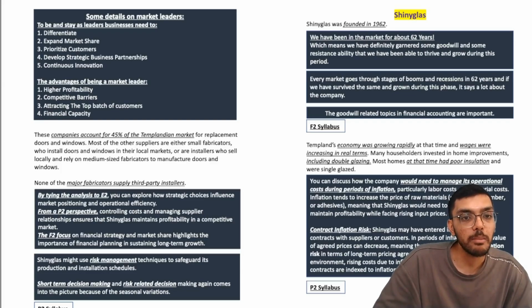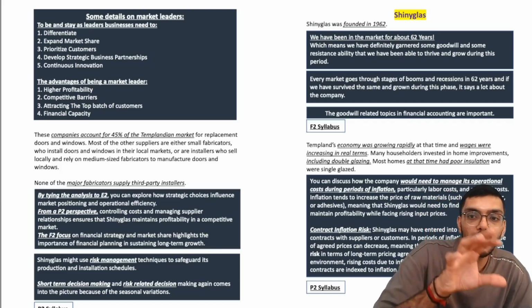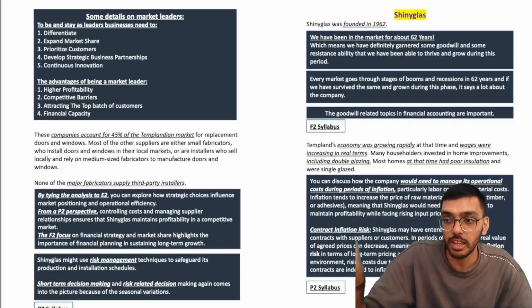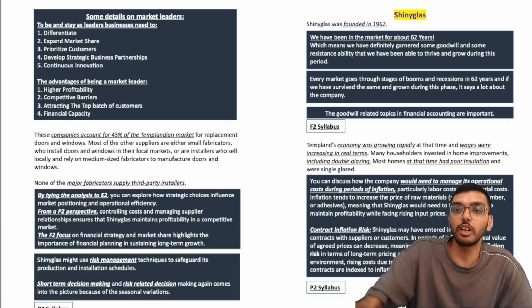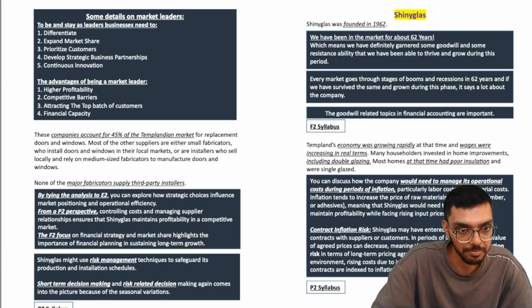None of the major fabricators supply third-party installers. So we will not supply it to an installer and then the installer will sell it to the customer. We will sell it to the customer directly.